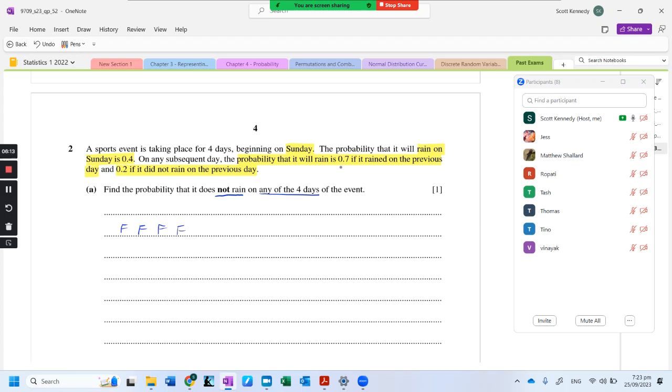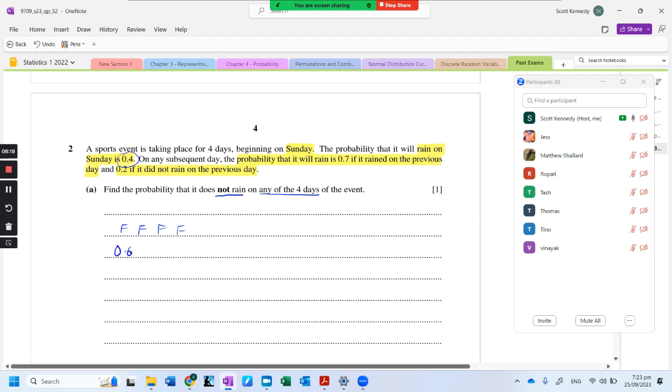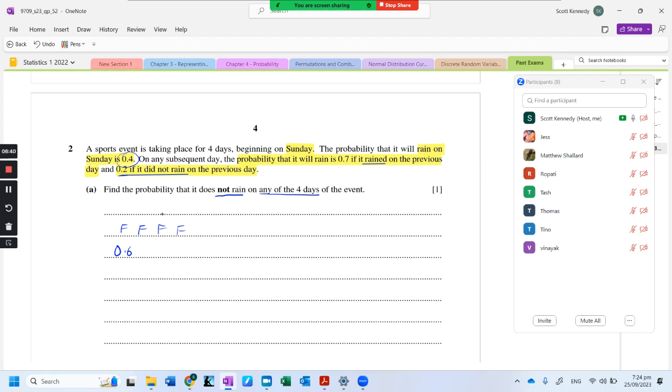So what's the probability that it's not going to rain on the first day, that it's fine? Well, obviously 0.6. Then on any subsequent day, the probability that it will rain is 0.7 if it rained on the previous day. That's not what we're doing because it didn't rain on the first day. Or 0.2 if it did not rain on the previous day. So this 0.2 is talking about, if it didn't rain on the previous day, what's the chance it will rain on the next day?